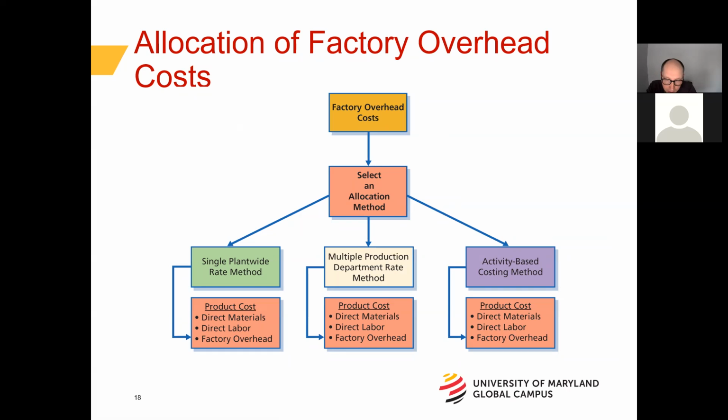The base could be considered a couple of things. It can be considered total direct labor cost. It can be considered total direct labor hours. It can be considered total machine hours.